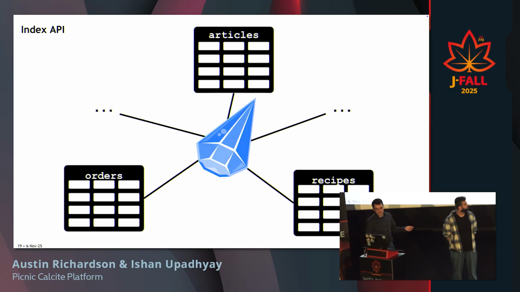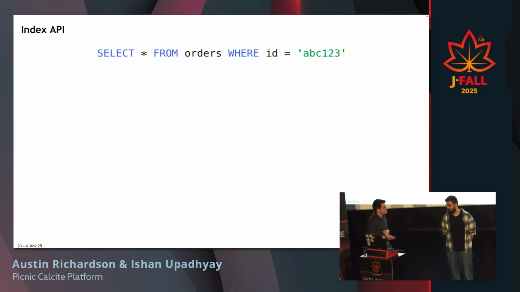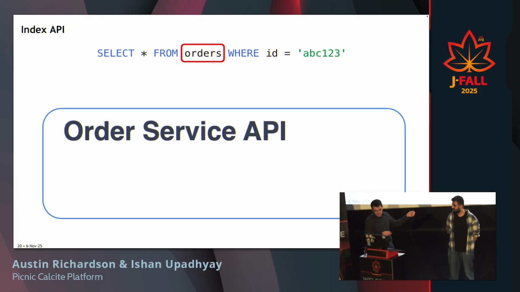You can imagine this gets quite large, and something else that's very important is that if we want to keep this general purpose, it should be very easy to add new tables to support your use case. So let's imagine I want to run a very simple query, something like this. I want to know what is the order where the ID is ABC123. As we mentioned, this is not a real table, but in the case of the orders, it could correspond to something like an order service API.